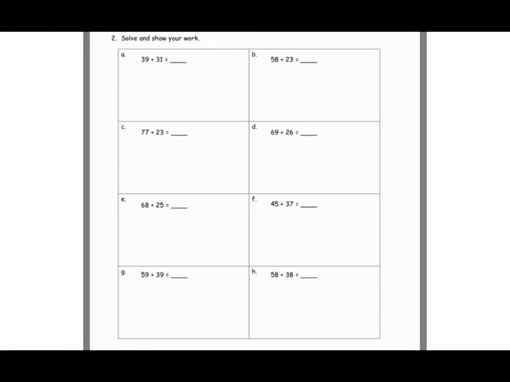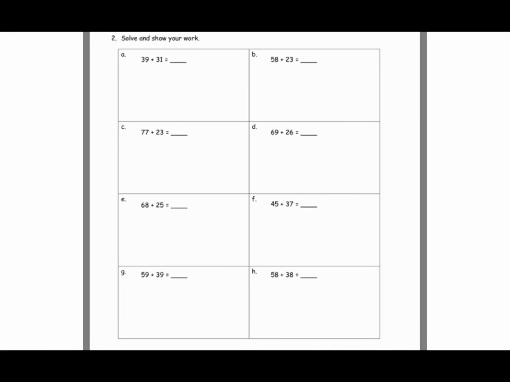Put your recording on pause while you solve the 4 problems. Any 4 problems that you choose. Remember, you can add 10, or you can find the next 10, or you can make quick tens. When you're ready to check your work, you may restart your recording. Boys and girls, pause your recording now.